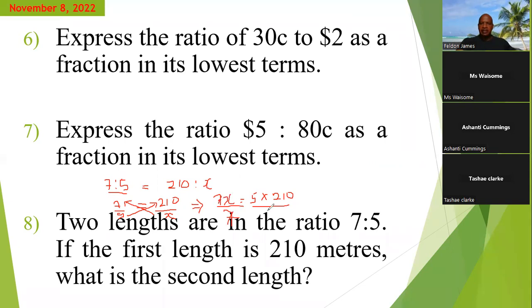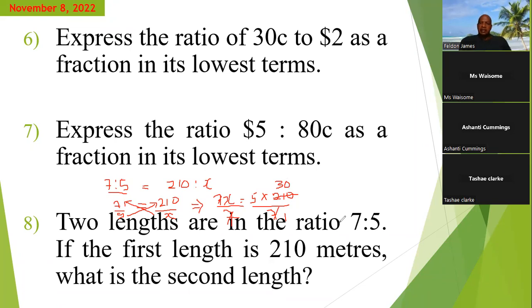And then on the other side, we would have 5 times 210 over 7. And we see that 7 can go into 210, sir. So 7 into 7, 1. And then 7 into 210 would be what? 7 into 21, 30.